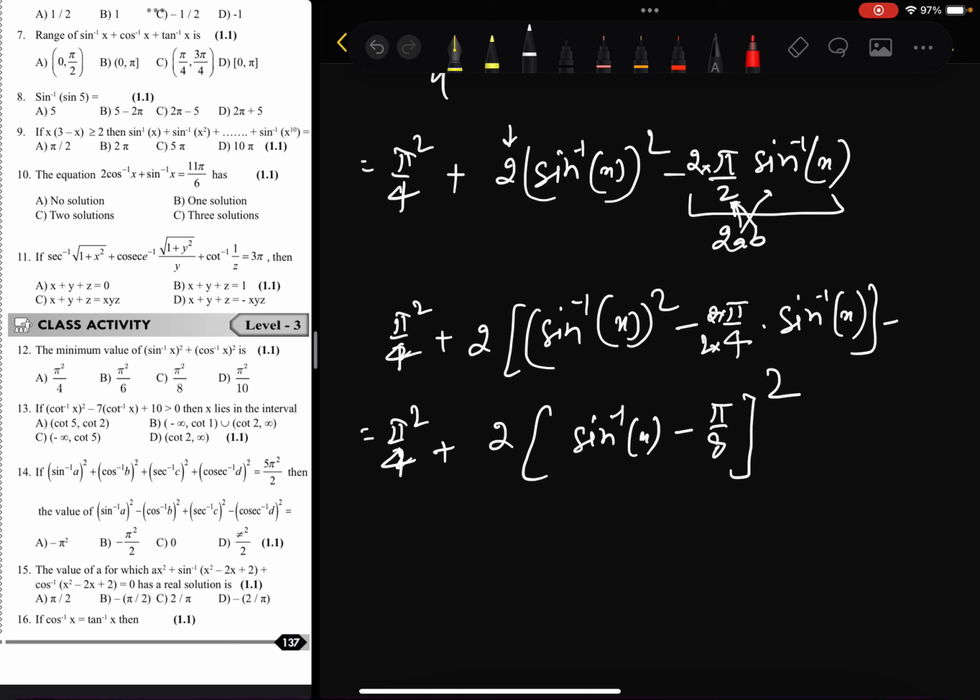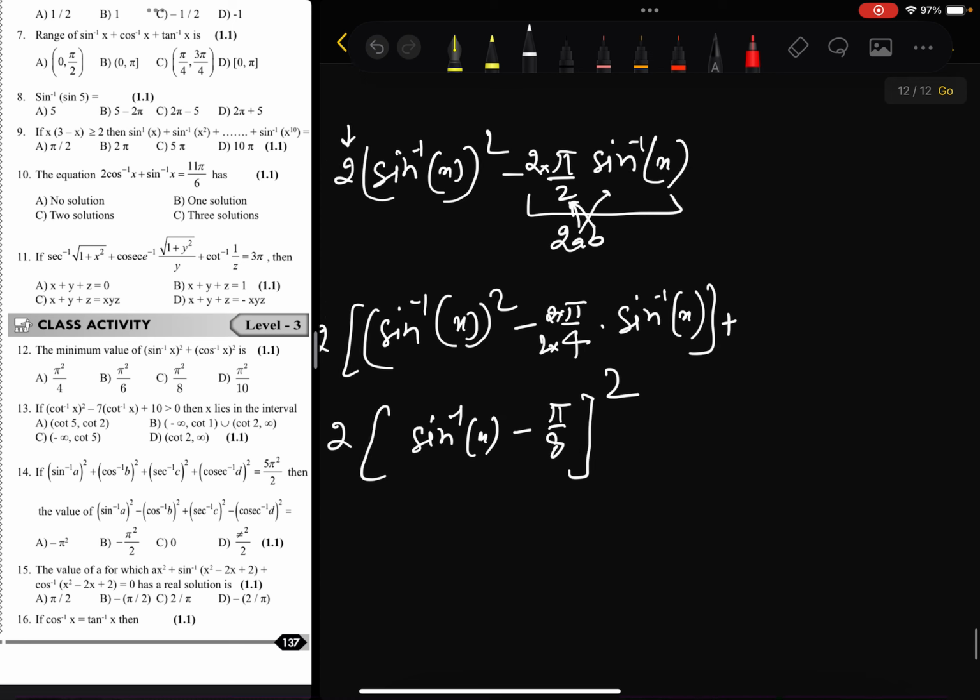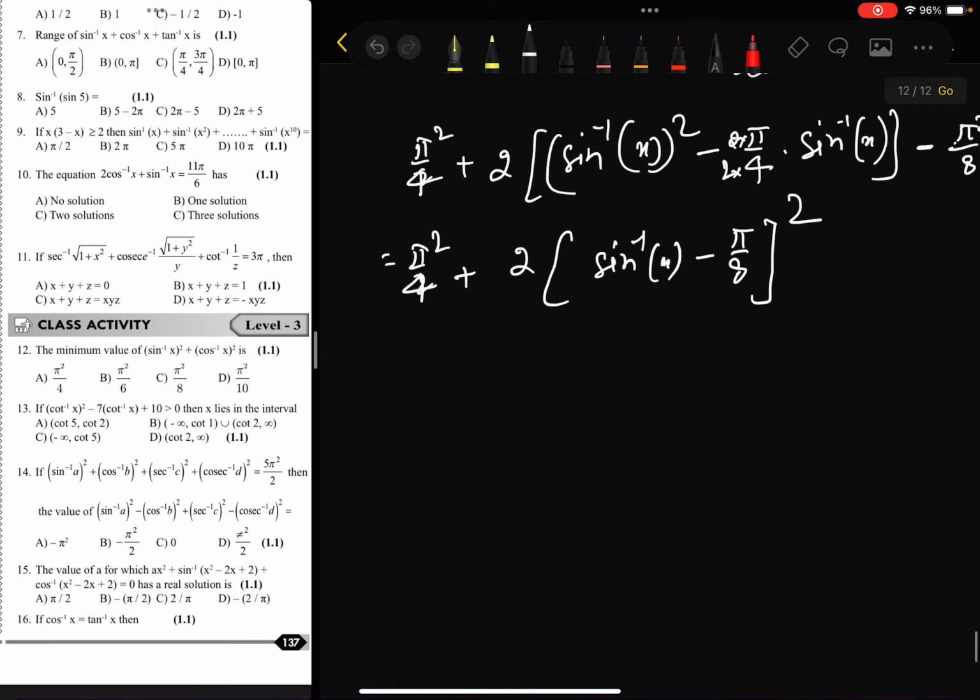For that we have to add and subtract something. So I am adding pi square by 8 and subtracting pi square by 8. Whatever we add, pi square by 8, will be included in this perfect square, and only the minus part will be left here.